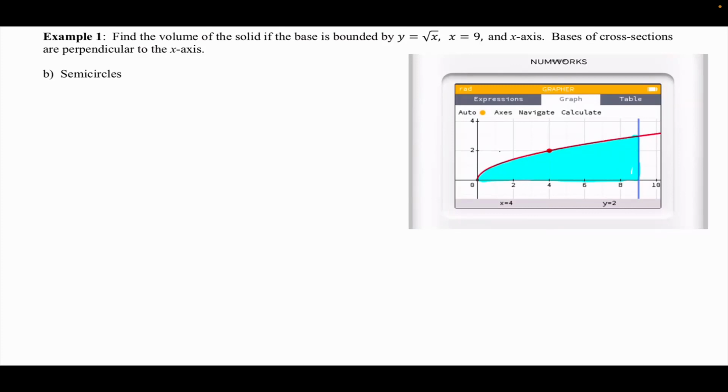We still have y equals square root of x, x equals 9, and y equals 0. We still have those three. Still perpendicular to x, so still dx.